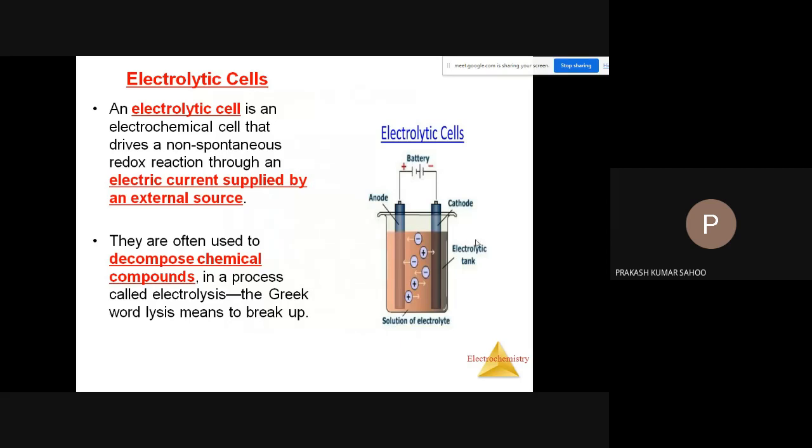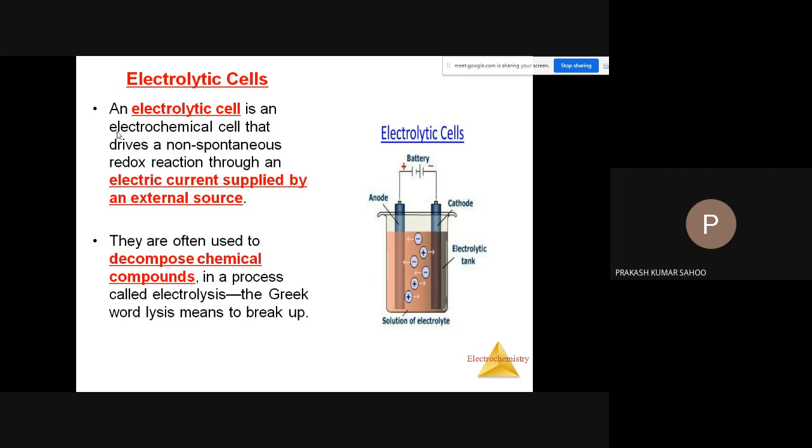So in an electrolytic cell, this external battery is connected, the anode becomes positive and the cathode becomes negative, and there will be opposite movement of electrons. An electrolytic cell is an electrochemical cell that drives a non-spontaneous redox reaction. This becomes non-spontaneous because as equilibrium is reached, the reaction seems to have stopped.